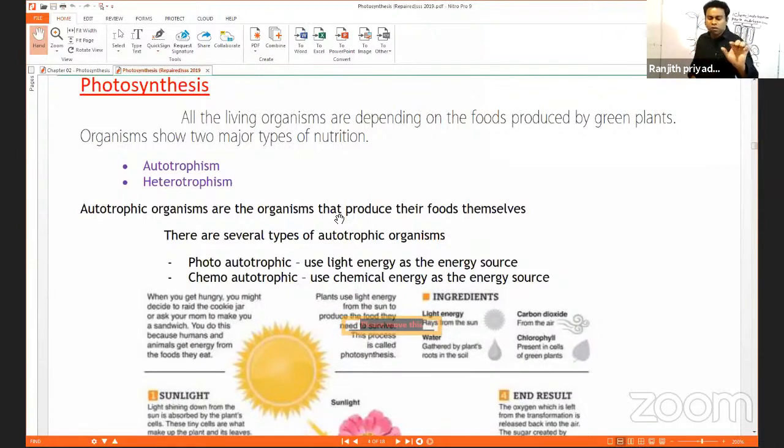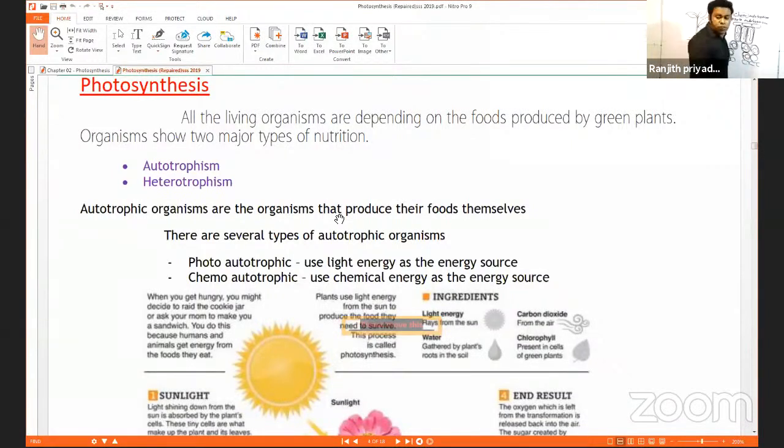There are several types of autotrophic organisms as I explained to you earlier. So autotropism is of two types. Next, take down, list them down. Photoautotrophic, it's an adjective. As a noun, you can write photoautotropism. Photoautotrophic organisms or photoautotropism use light energy as the energy source.